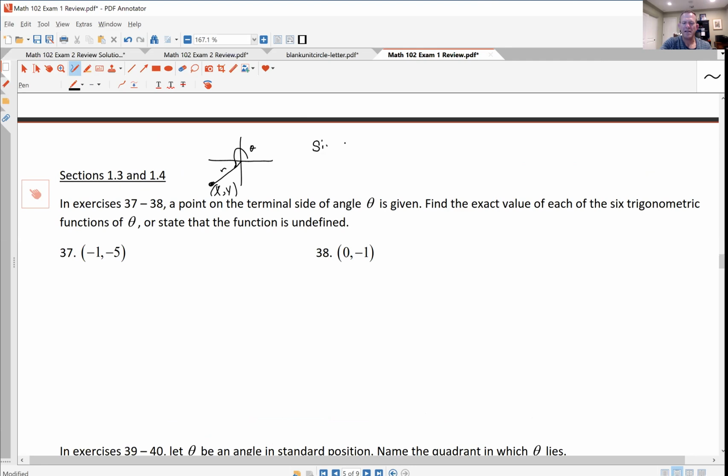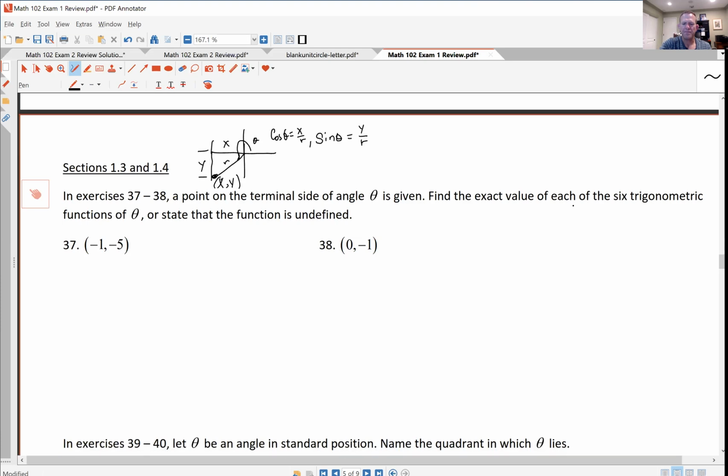The sine of theta is y over r, the cosine of theta is x over r. Now for me, that's because if you drew a triangle out of it, this distance from there to there would be x, and this distance from there to there would be y. And so then you can go back and use SOHCAHTOA to find those. And then the tangent of theta is opposite, or y, over adjacent, x.